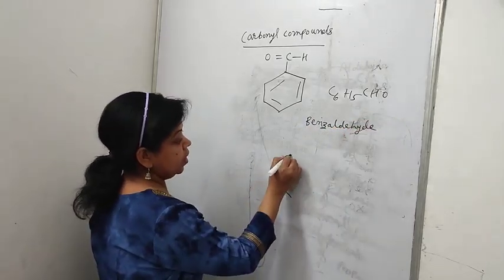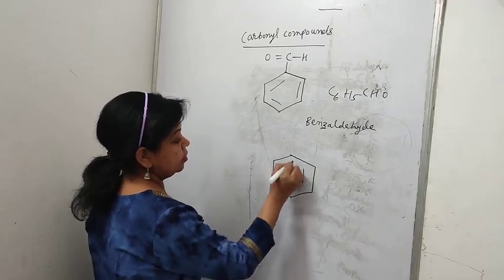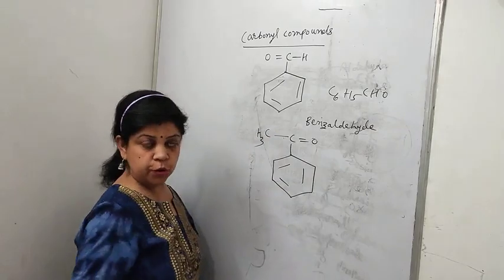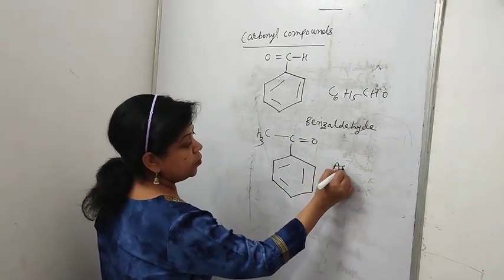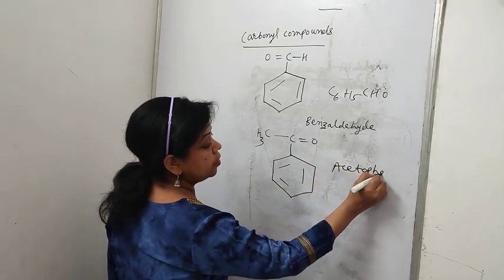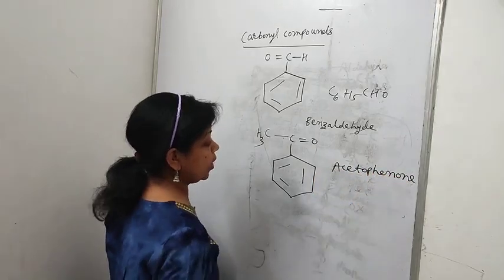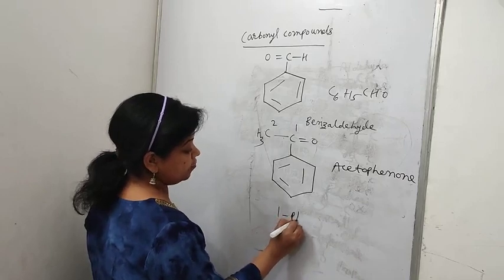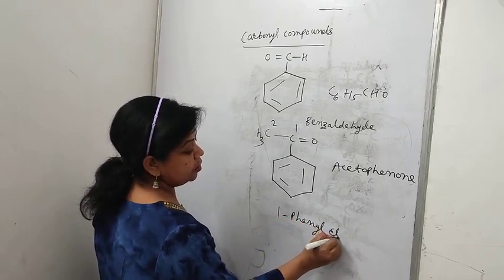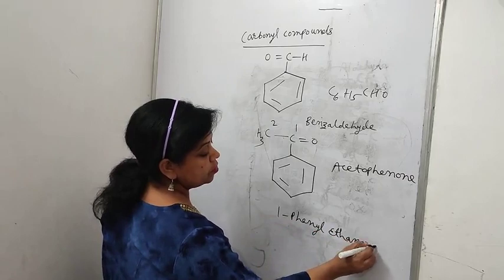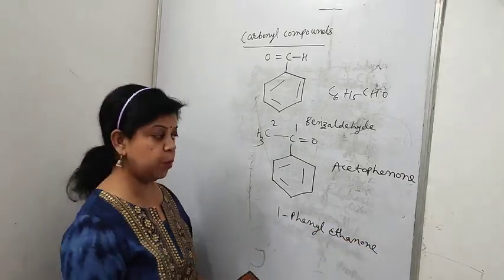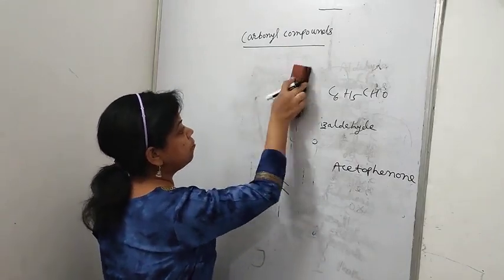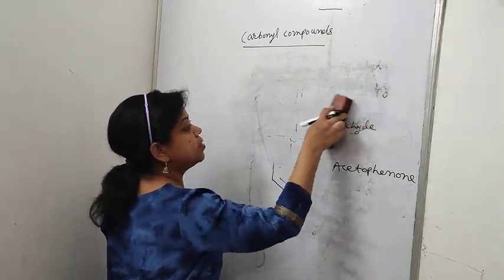If we take another example, this is our ketone. The name of this compound is acetophenone, and when we give its IUPAC nomenclature, it is called 1-phenylethanone. So it's all about the nomenclature of aldehydes and ketones.